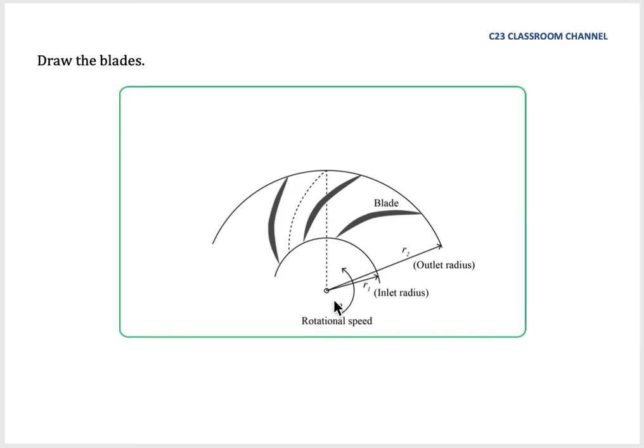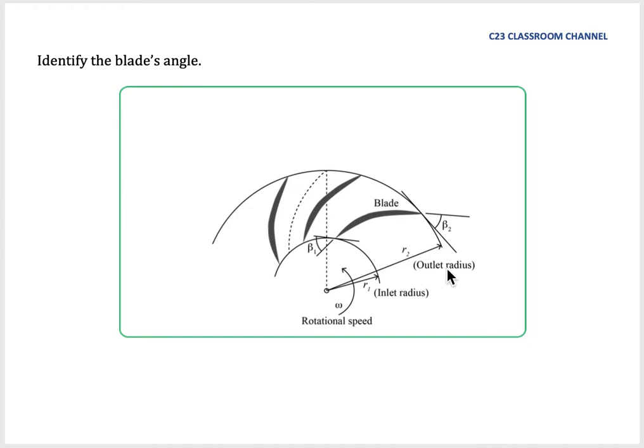From the center to this line is the inlet radius, and from the center to this line is the outlet radius. We denote the inlet radius as R1 and the outlet radius as R2. Normally, subscript 1 refers to the inlet and subscript 2 refers to the outlet.